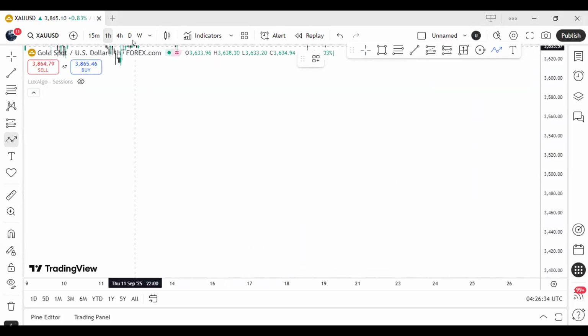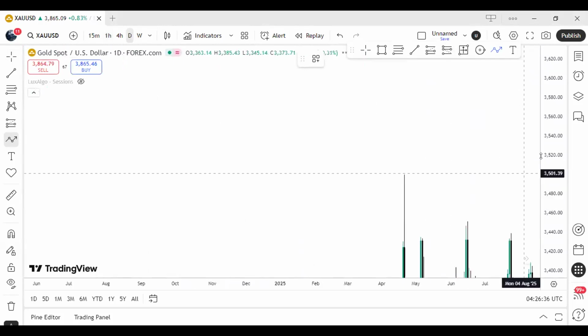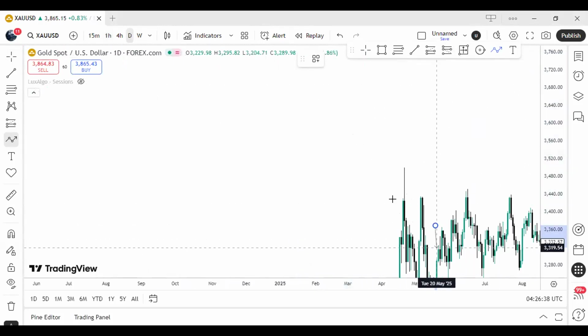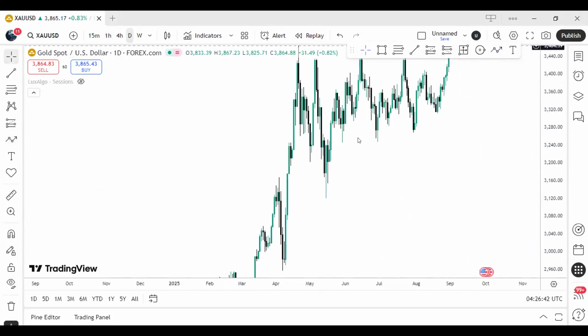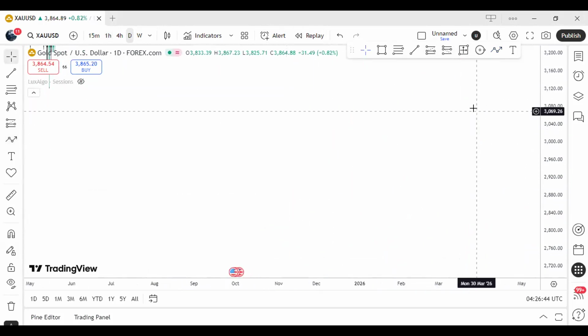Now, if you're on a daily time frame, how we can actually mark out our trend is this. It's very simple, right? We just need to get a break of structure, a liquidity entry, right? A corrective move, and then we are able to identify who is dominating the market at that point.